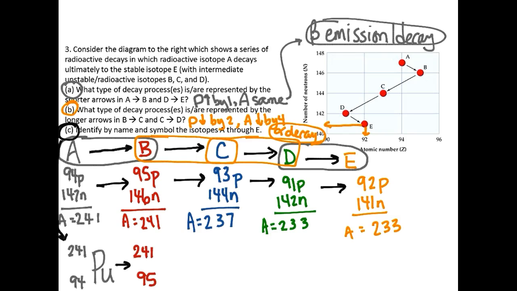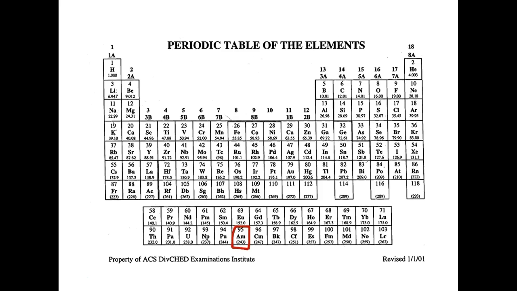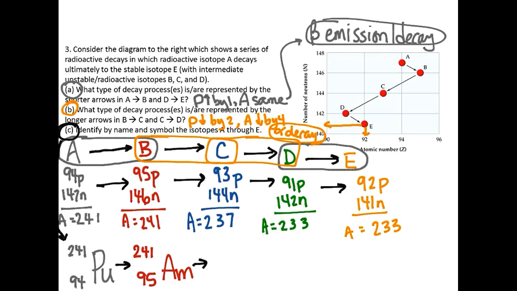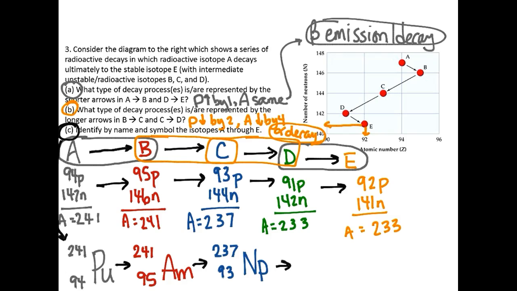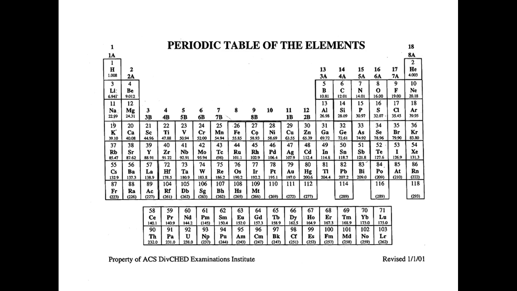Pu. It smells bad. And then the next one, we're going to write the mass number in the upper left-hand corner, element 95. We're going to look up on the table. Element 95 appears to be americium. I'm going to write that one down. And then 93, and we add those up, and 237 is the mass number, neptunium. And then D has 91 protons and 233 nuclides.